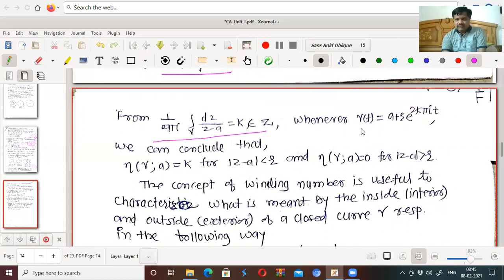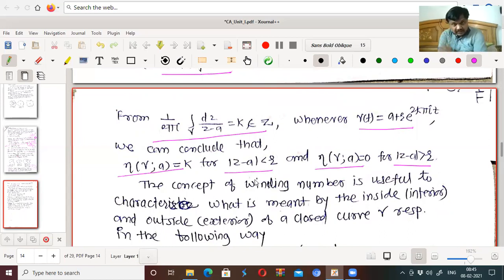Whenever γ(t) equals a plus r e^(2kπit), we can conclude that n(γ, a) equals k for |z − a| less than r, and n(γ, a) is equal to 0 for |z − a| greater than r.